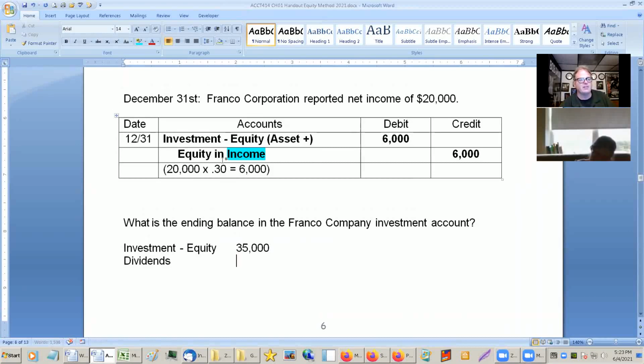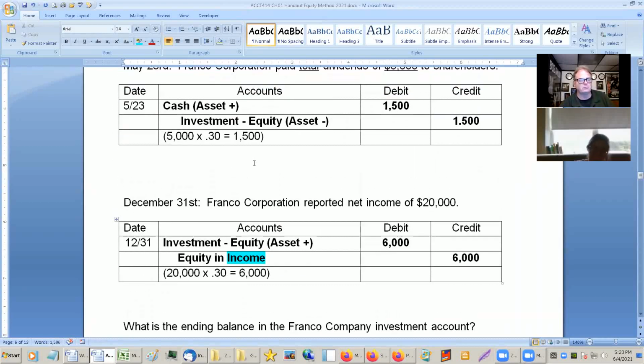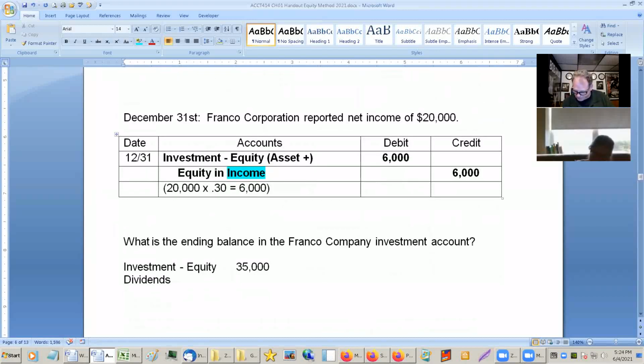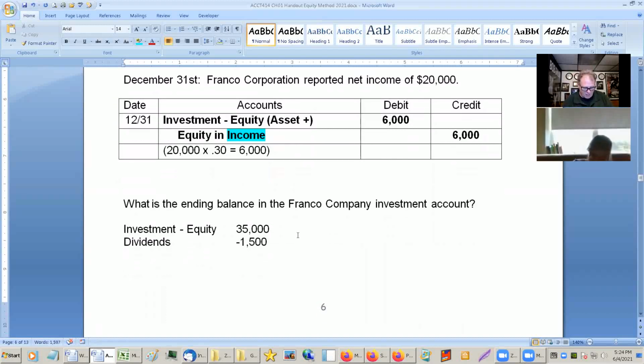No, I'm sorry, the investment account decreased. And again, it's just because we get the cash, but now our investment was $1,500 less. And then our share of the income was 6,000.